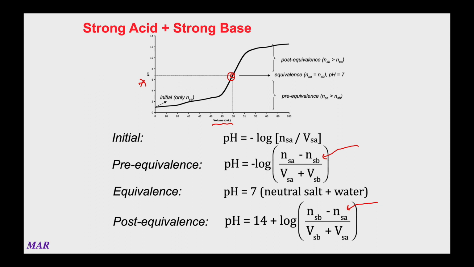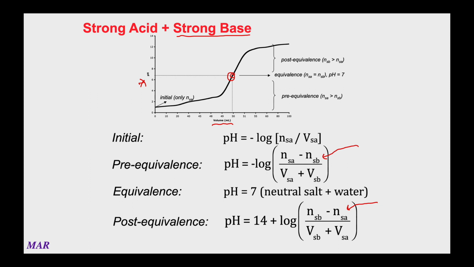Now, in all these equations, NSA, the moles of strong acid, and VSA, the volume of strong acid, those are constants for a titration. Those numbers don't change. It's what you're adding second, which in this case is strong base, that will change. So NSB and VSB are going to change. You can usually find the VSB, the volume of the strong base, from the titration graph itself.